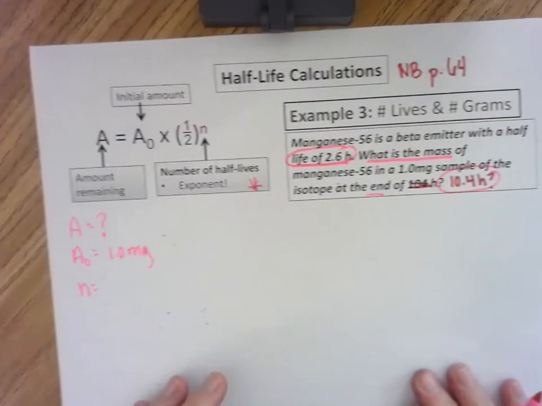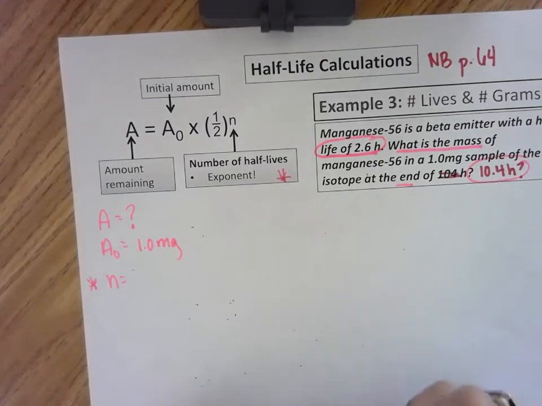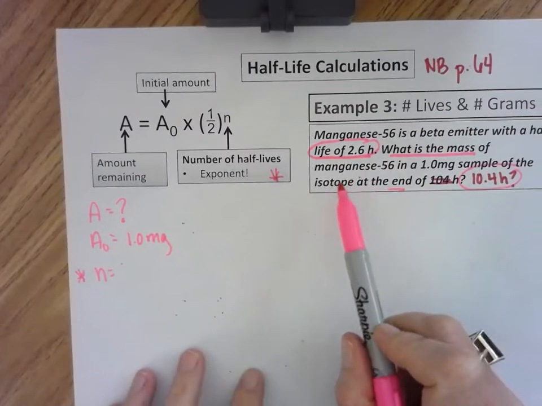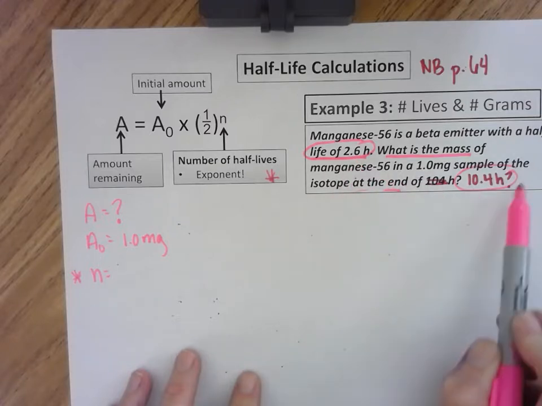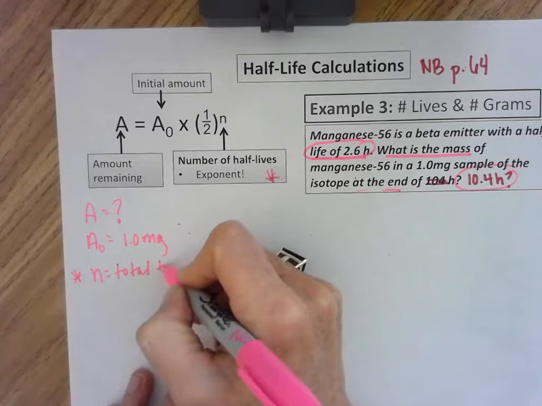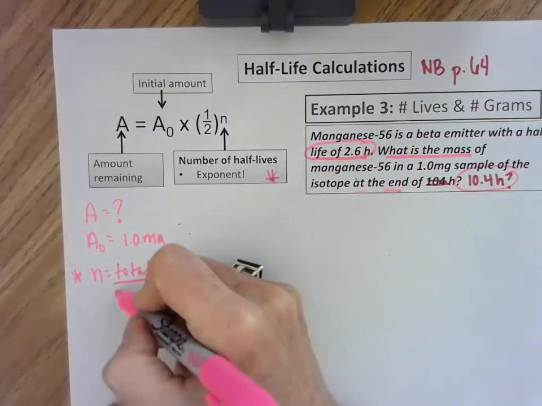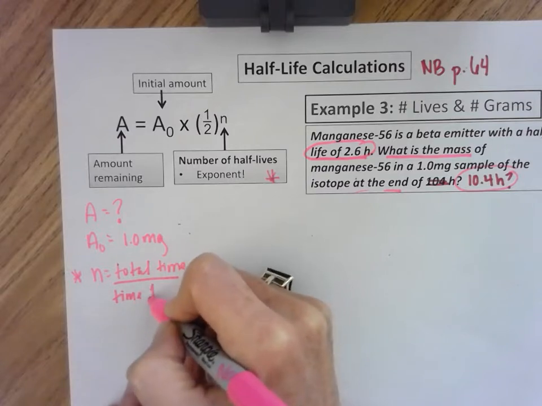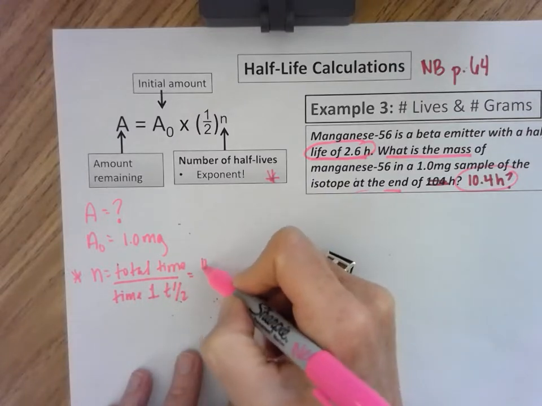This is very often an additional math step that you need to take to find the number of half-lives. So what we're going to do is figure out how many half-lives would occur in this total amount of time. Sometimes you need to take the total time that has elapsed and divide it by the time of one half-life, and that's going to give you the number of half-lives.